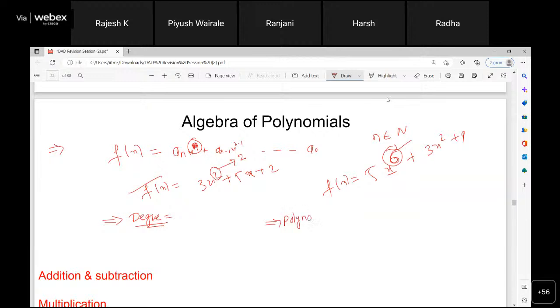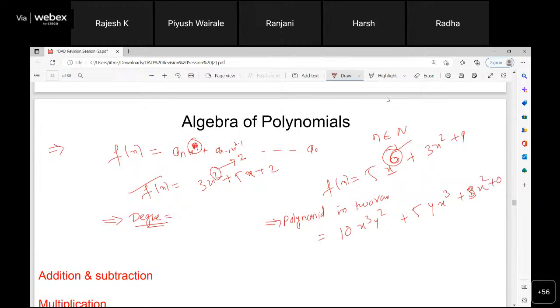Say a polynomial in two variables. For example, 10x cube y square plus 5 y x cube plus 3x square plus 0.